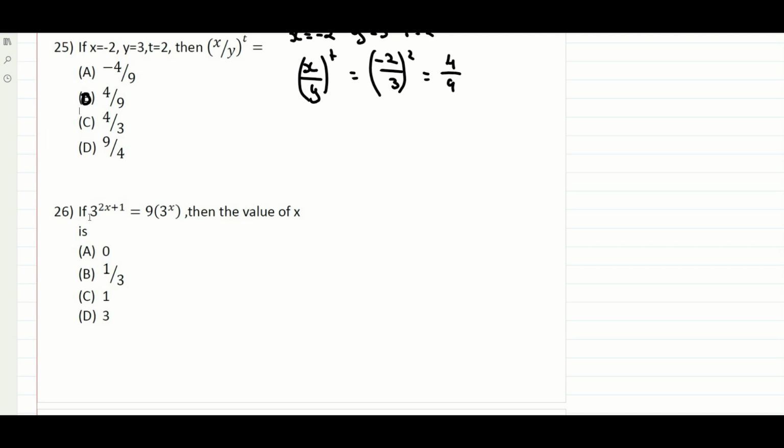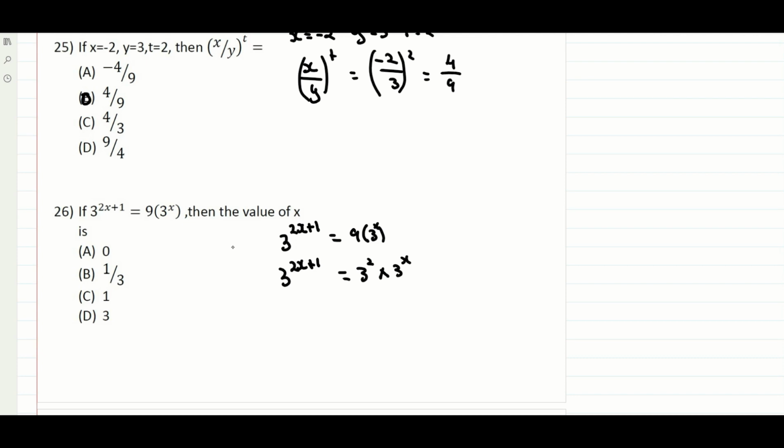Then they said if 3 to the power of 2x plus 1 is equal to 9 by 3 to the power of x, then the value of x is, okay, so first off, 3 to the power of 2x plus 1 is equals to 9 by 3 to the power of x. What you would do here, you would say 3 to the power of 2x plus 1 would be equals to 9 is 3 to the power of 2 multiplied by 3 to the power of x.